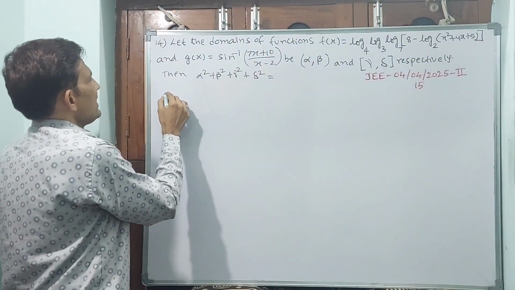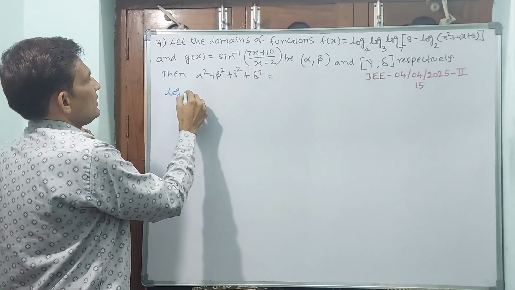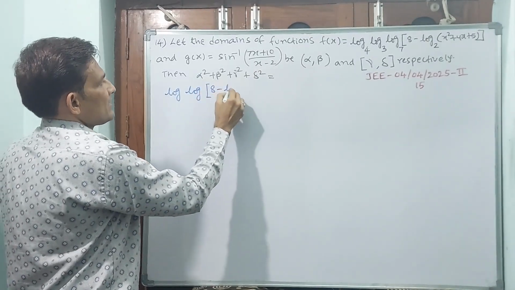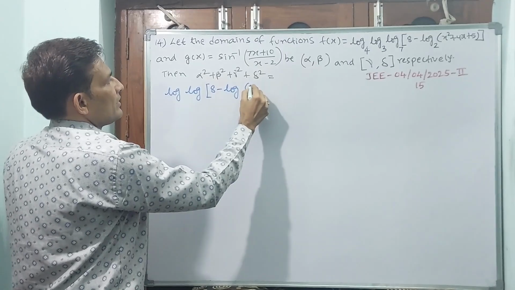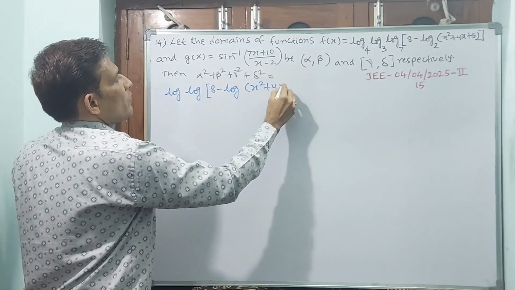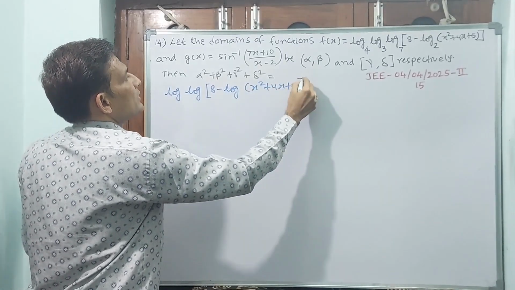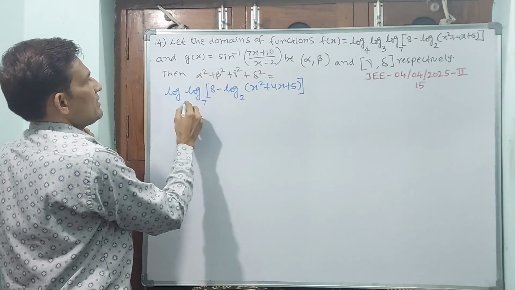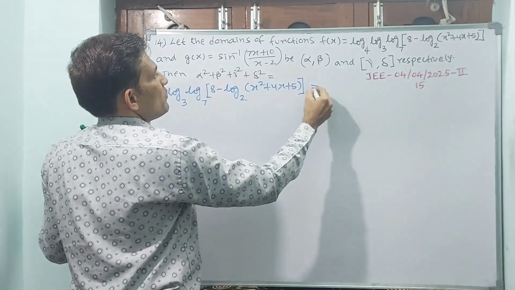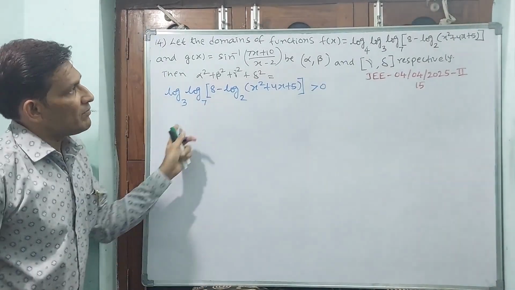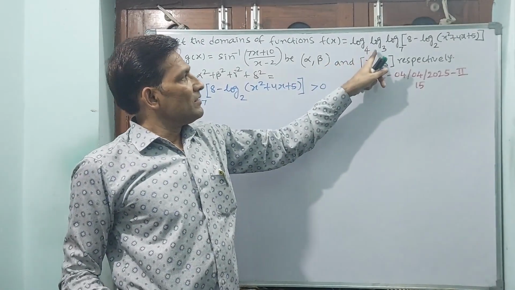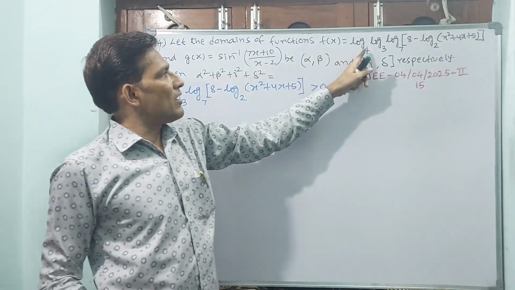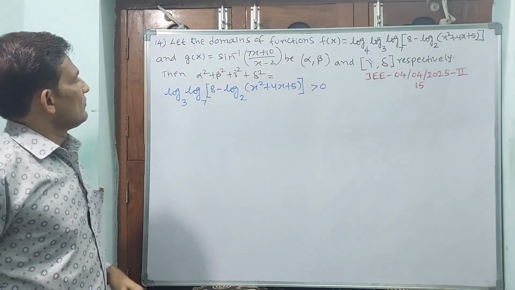That means you write log base 3 of log base 7 of log base 2 of (8 minus log of (x² + 4x + 5)) should be greater than 0. First of all, is it correct? Why? Because one log we have omitted. This should be greater than 0, then only this log to the base 4 is valid.